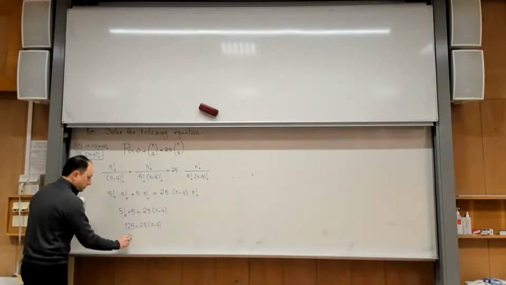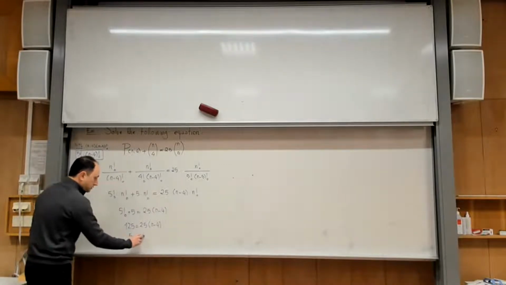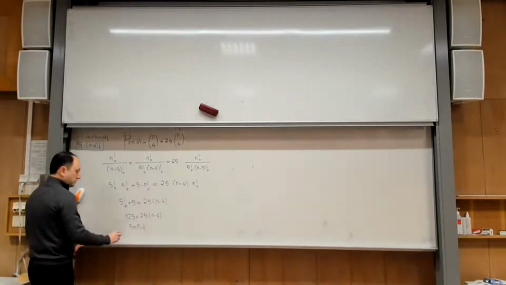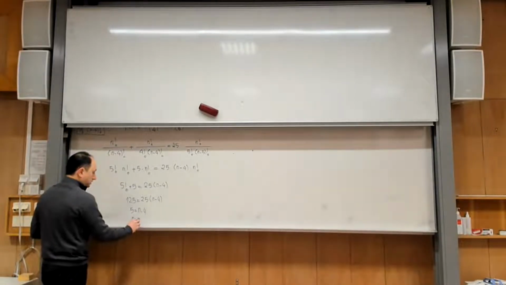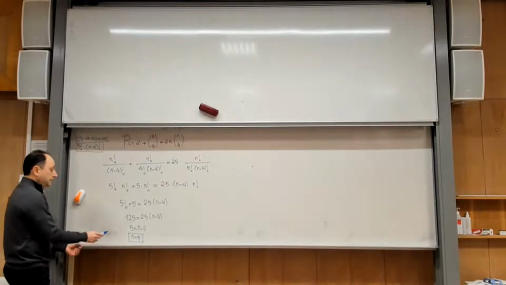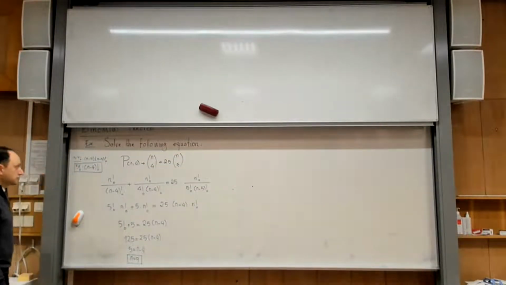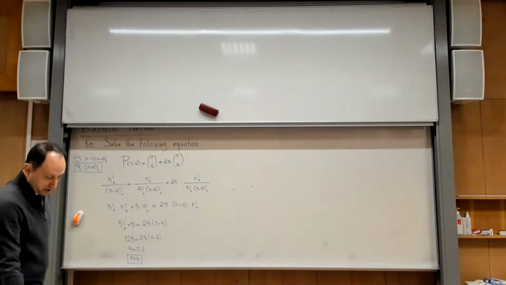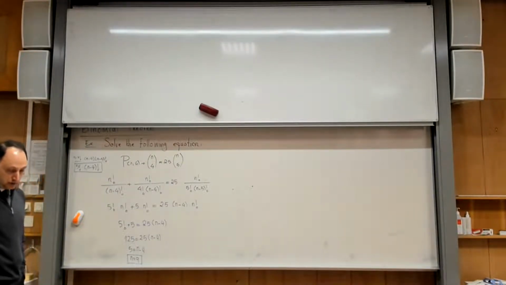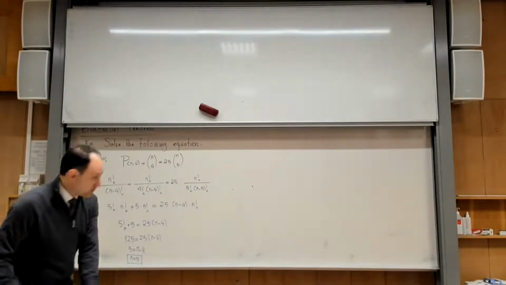It becomes 5 equals n minus 4. And if I move 4 to the other side, n becomes 9. And 9 is acceptable. It's not only a natural number, but also larger than 5. So n equals 9 is the only answer to this equation. Yeah, is that understandable? These kinds of questions you also might face in this topic, combinatorics. Okay, so we can also have an example like this.